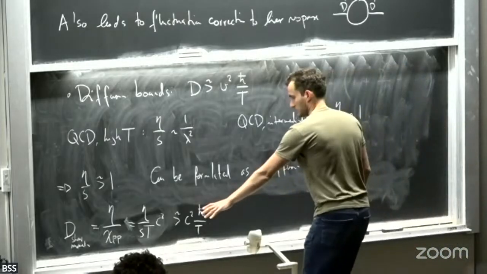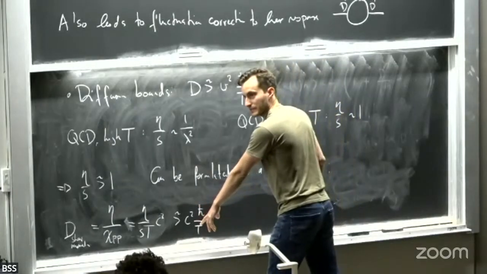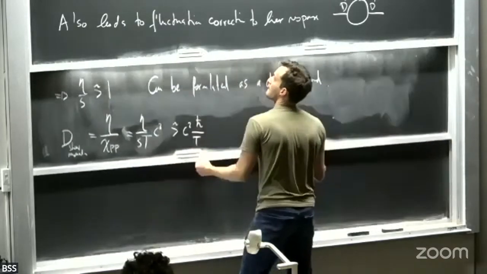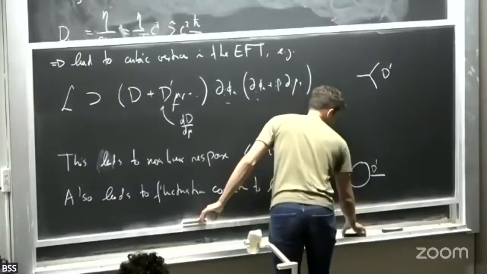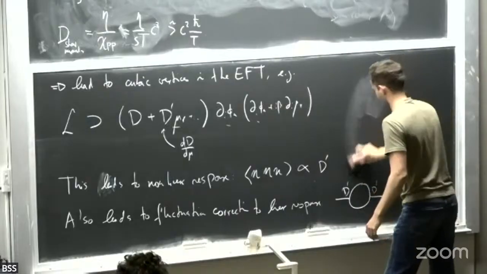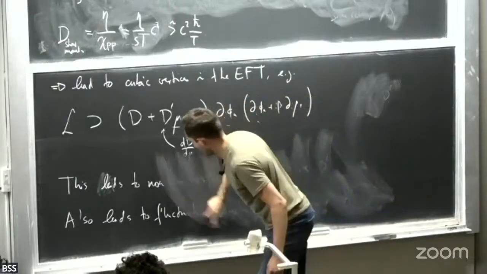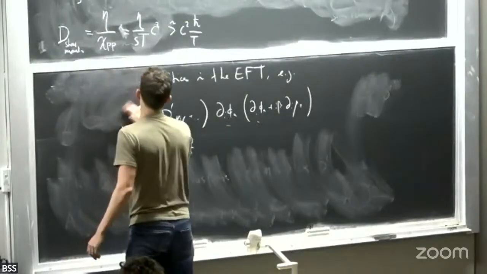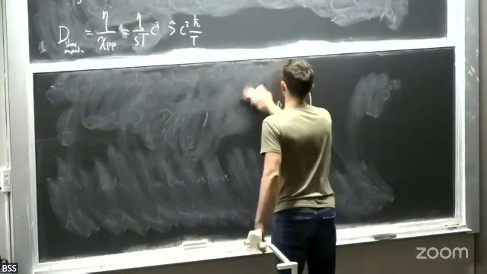And so this suggests a generalization where, hopefully in strongly correlated metals, it's not the speed of light that enters, but some other, more relevant velocity. Perhaps the Fermi velocity.